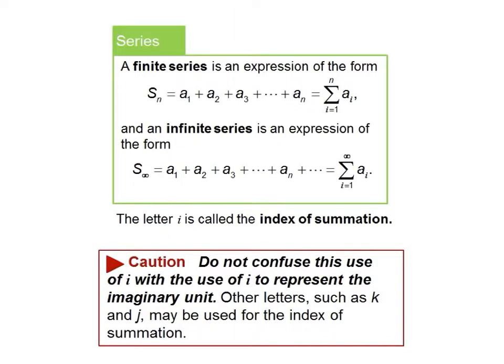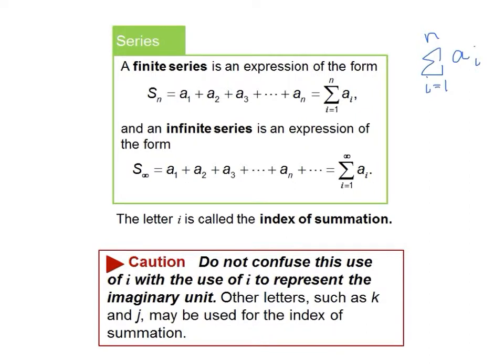Notation is very important when we're dealing with series. So what we do is we take the sum of some value, some index value i, starting at, typically, 1, up to a specific number, and whatever that is, a sub i.